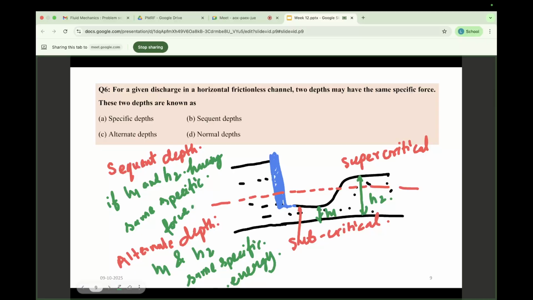And next is the normal depth. What is normal depth?